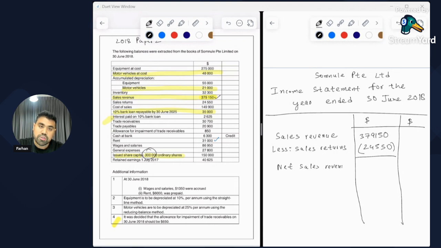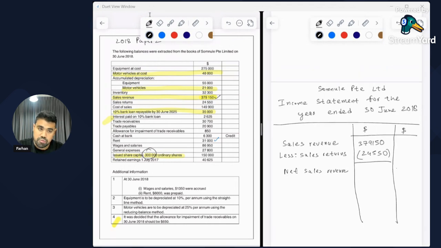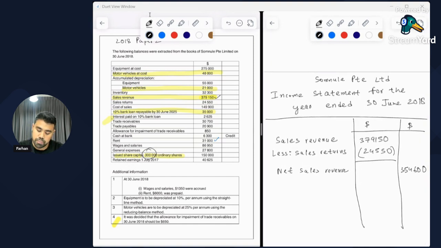I'm just going to use my calculator to find the answer. So 379,150 minus 24,550. So that is 354,600. So that's the net sales revenue that we have got.